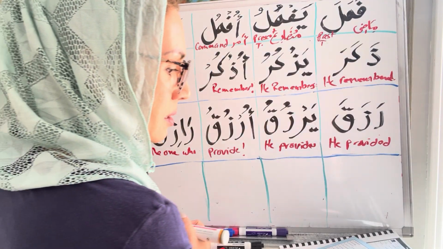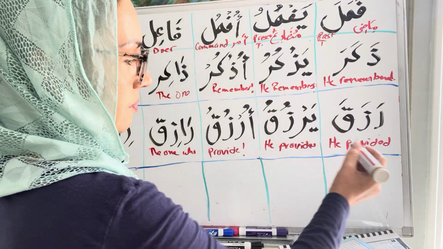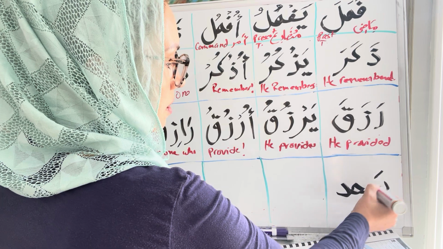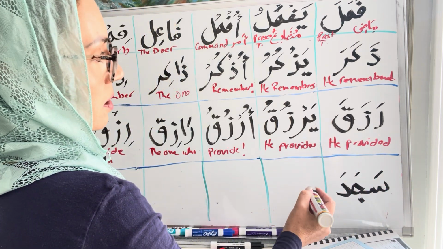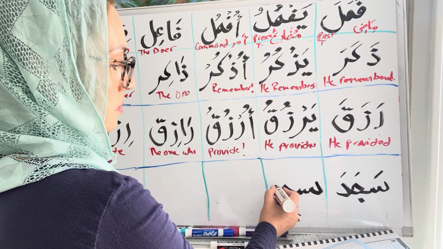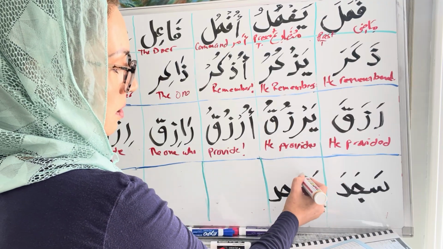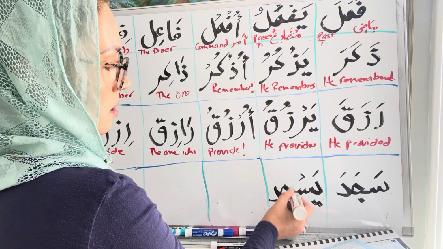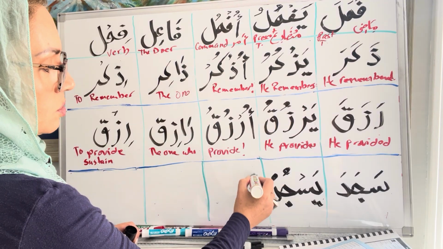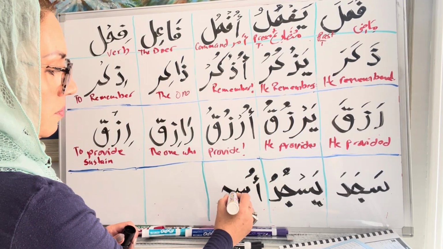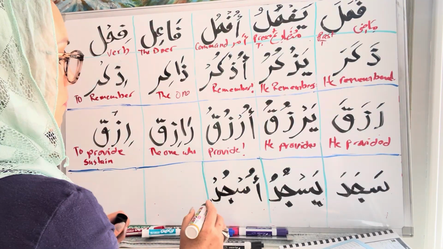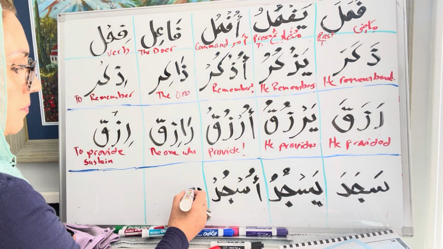Next word is sajada. Sajada. Yasjudu. And then it's usjud. And then it becomes sajid.